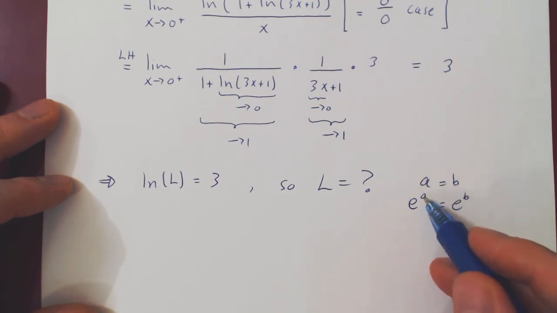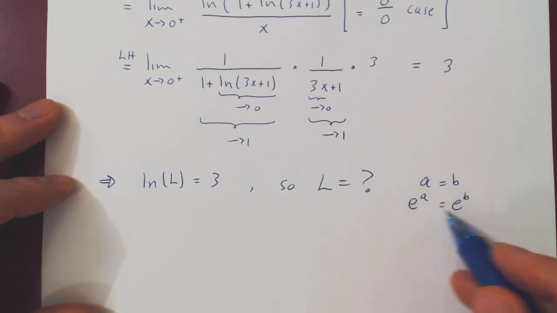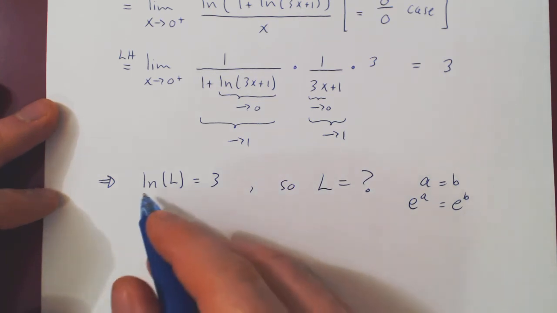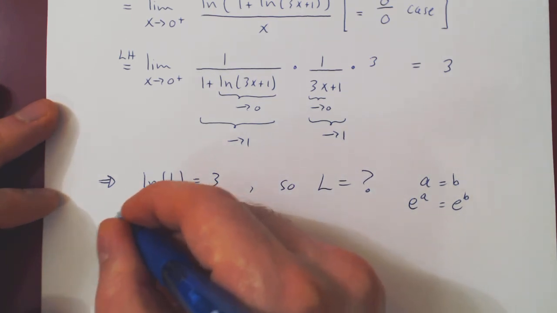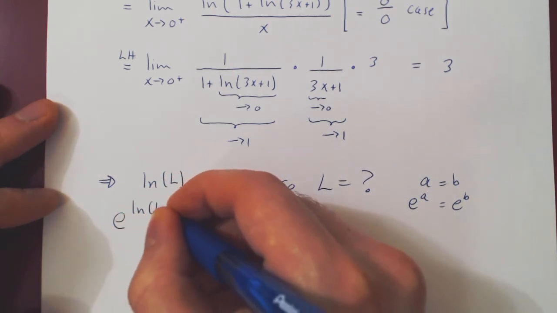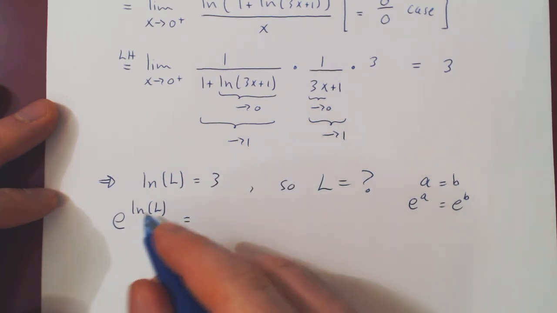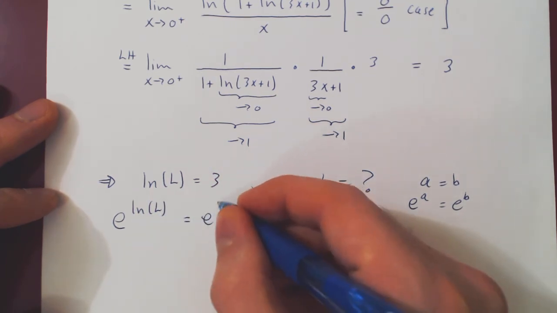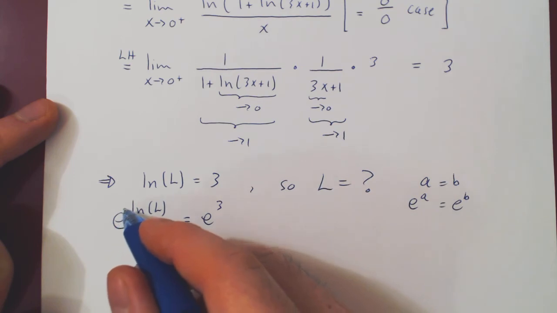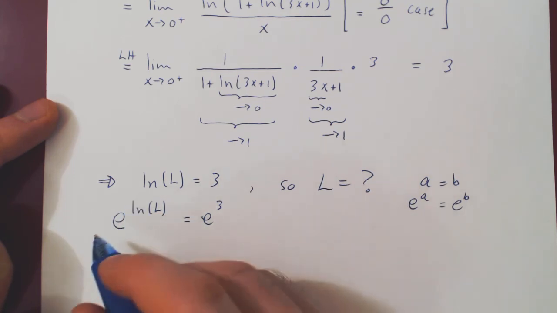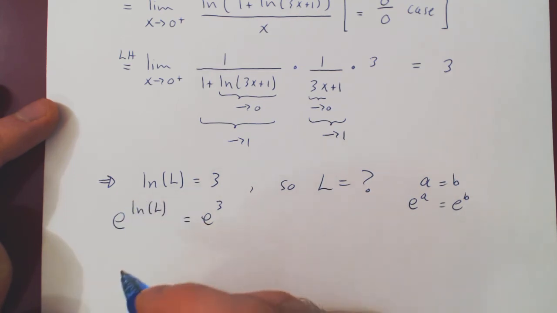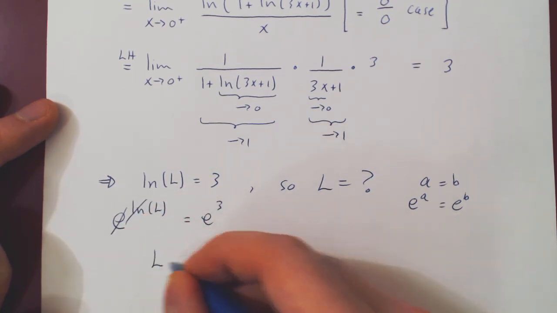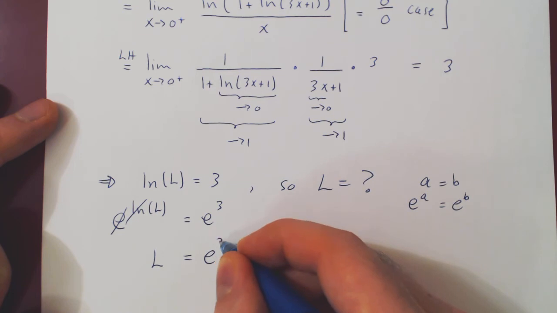So let's exponentiate both sides. The exponential of ln of L, replace ln of L by 3, is the same as the exponential of 3. But the natural exponential function is by definition the inverse of the natural logarithmic function. So they cancel each other out. And that leaves us with the original limit being e to the 3.